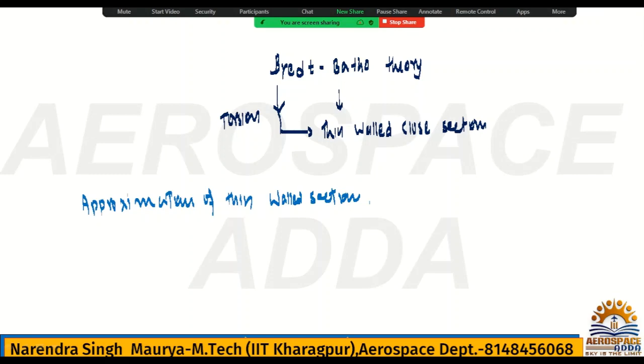Just for example, suppose this is a rectangular cross section.